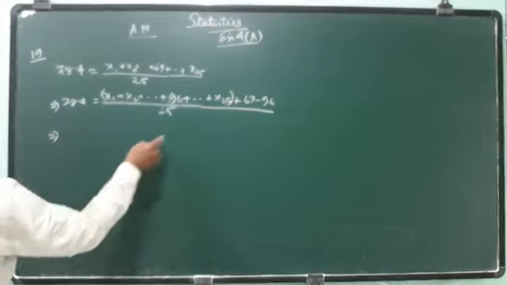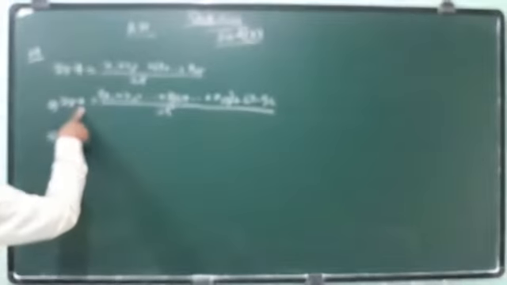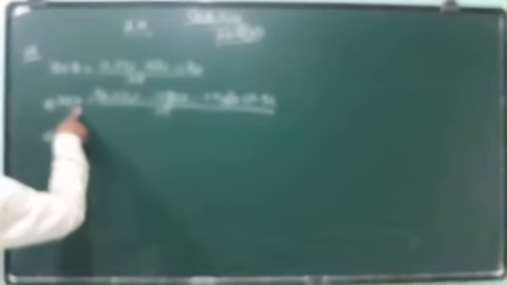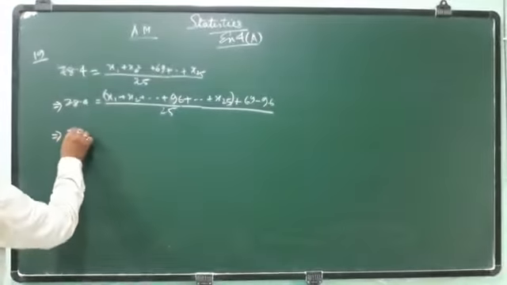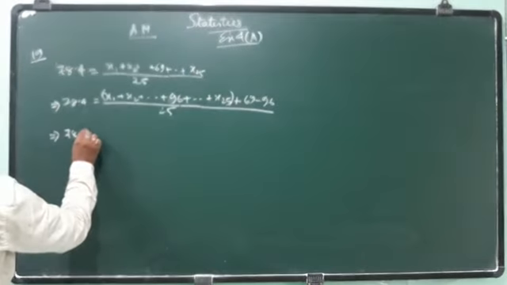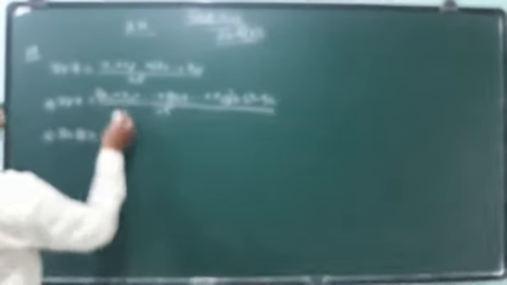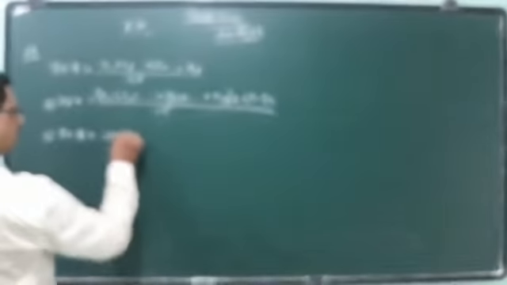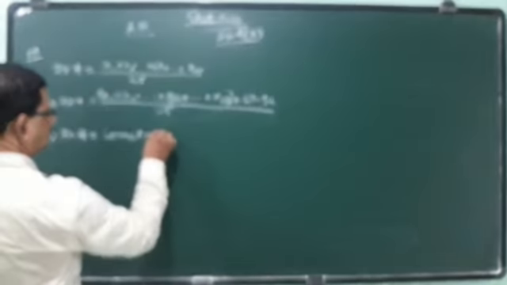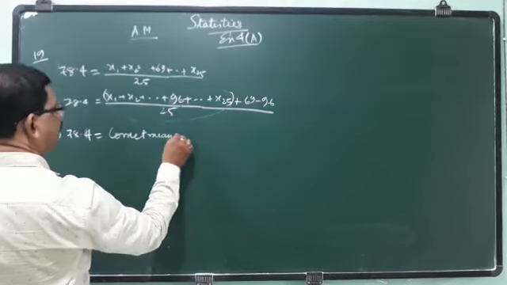Now they have said to find the correct mean, so no need to multiply. You write directly like that. This is our correct mean. Suppose it is x bar.